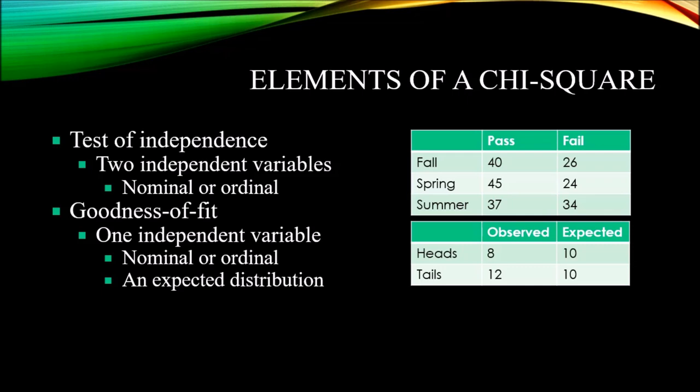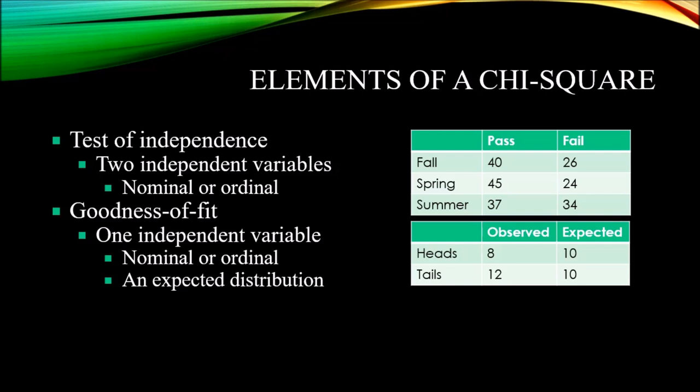With the goodness of fit, you have one independent variable, again at the nominal or ordinal level of measurement, and you compare this independent variable to an expected distribution. We oftentimes see the goodness of fit when we're working with some sort of known probability. In this example here to the right, I have heads and tails, so this is a coin toss, and you have observations.